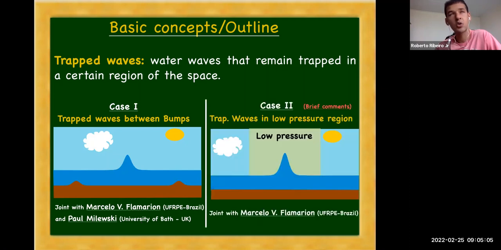And case number two is when we have a wave that remains trapped in a low pressure region. For this case, because of the time, I will give just some brief comments.